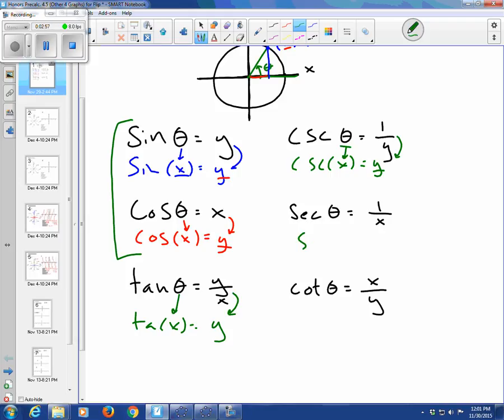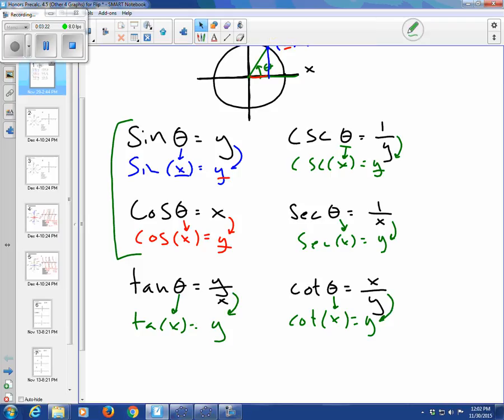Now right here, secant of x, similarly we can say that secant is going to take inputs of the rotation and define its outputs with 1 over the x value on the perimeter of the unit circle. So the y values for secant are going to be 1 over the x value, and cotan is going to take inputs of the rotation again and define its function values with the ratio of x to y on the perimeter of the unit circle, where that angle has its terminal side.